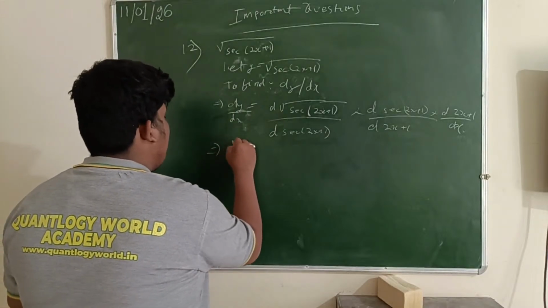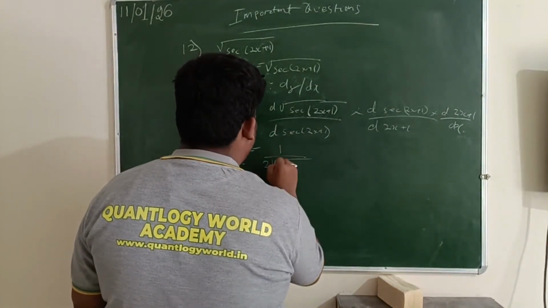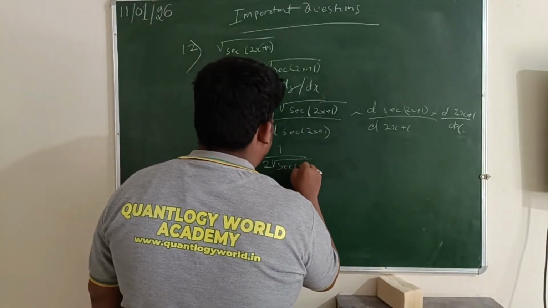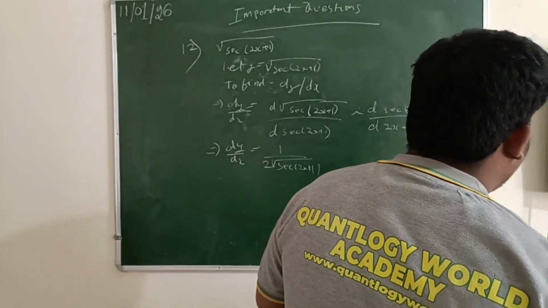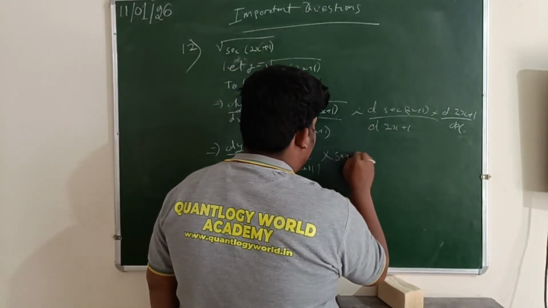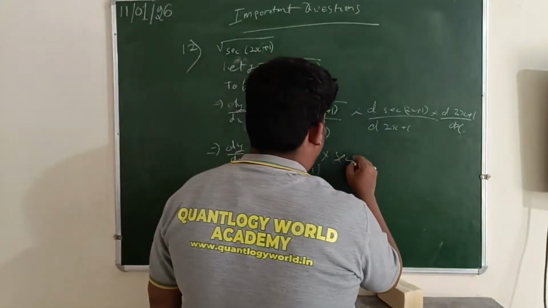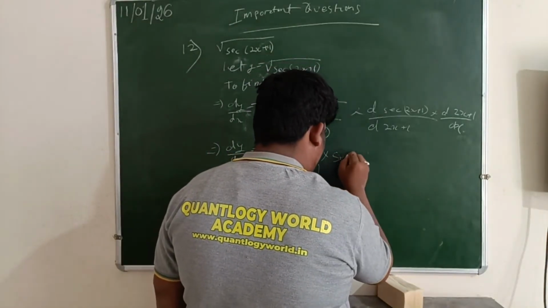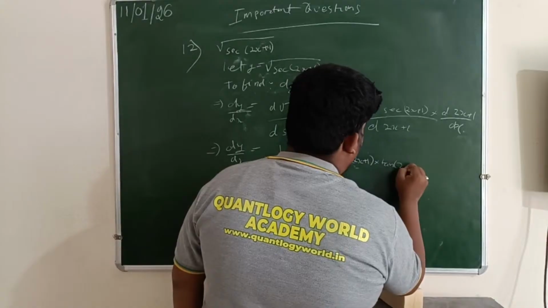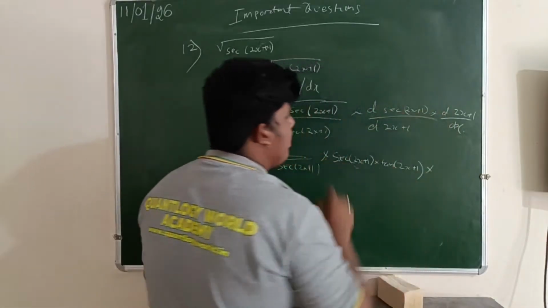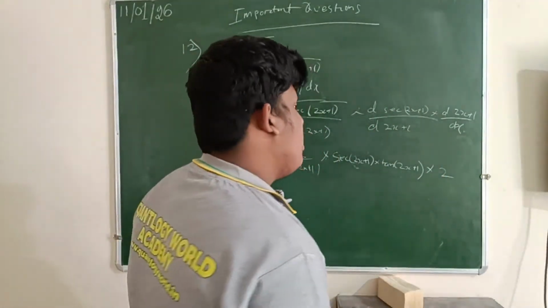So the next step will be dy by dx equals 1 by 2 root sec 2x plus 1, and the derivative of sec x is sec x into tan x, so sec 2x plus 1 into tan 2x plus 1, into the derivative of 2x, which is 2, and the derivative of 1 is 0, as 1 is a constant.